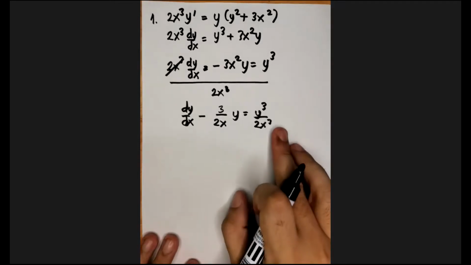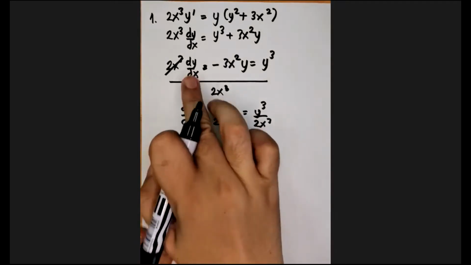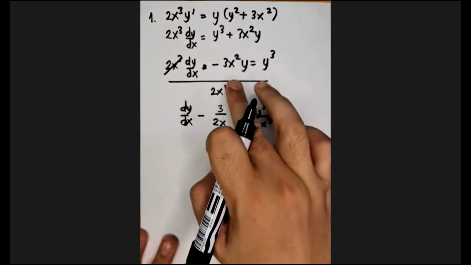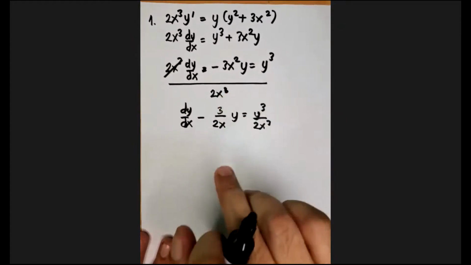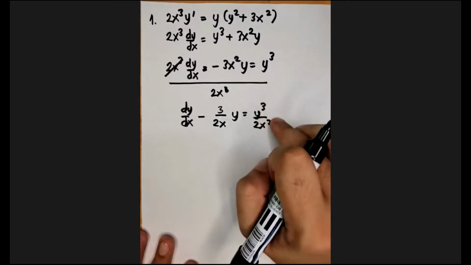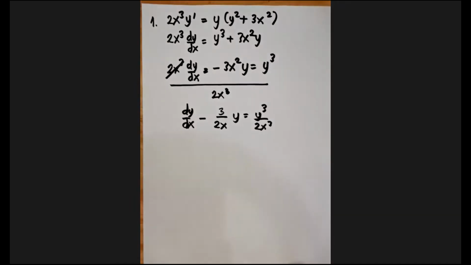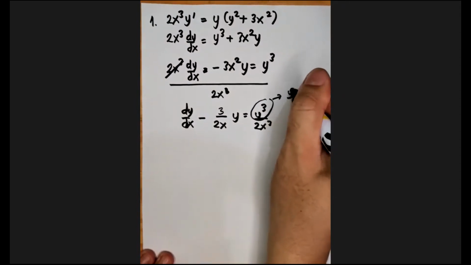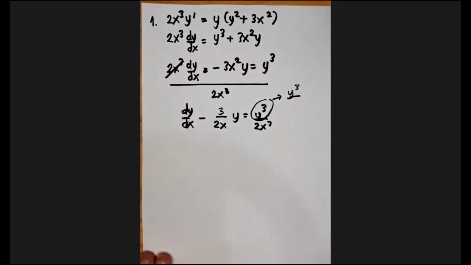Ayan. Tama ba? Divide natin to, 3 over 2 and then x squared over x cubed. Ayan. And then y cubed over 2x cubed. Ayan. Okay. So, yung y raised to n natin dito, so that is this one, y raised to cube.